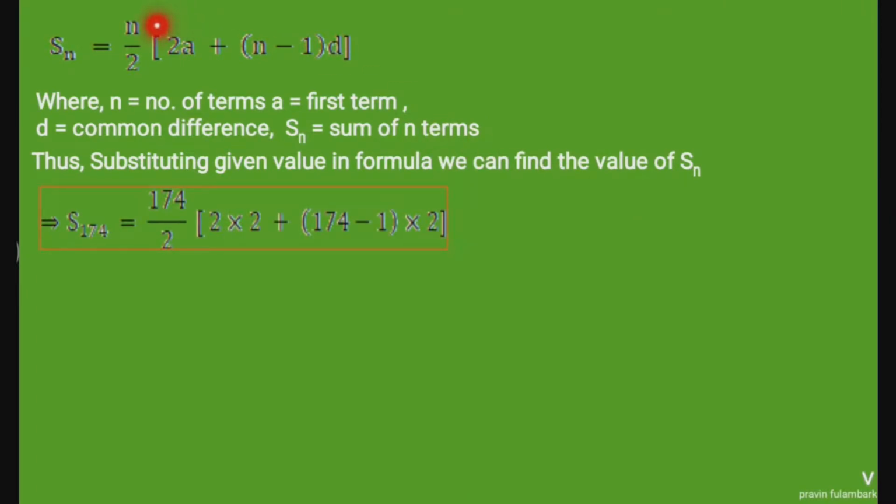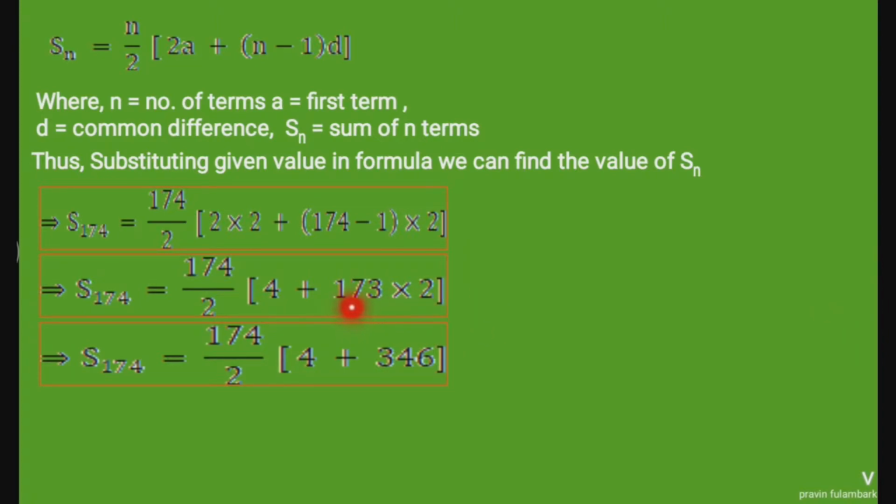So we replace this n by 174, a by 2, this again n by 174, and d by 2. So we get here S174 is equals to 174 by 2 (2 into 2 plus, now we subtract 1 from 174, so we write 173 into 2).